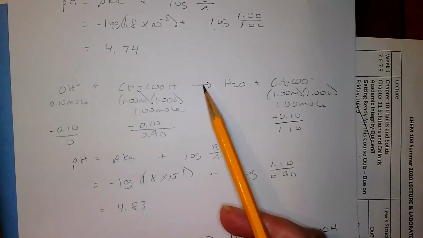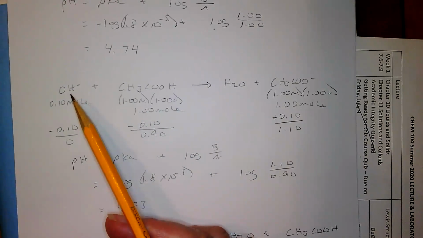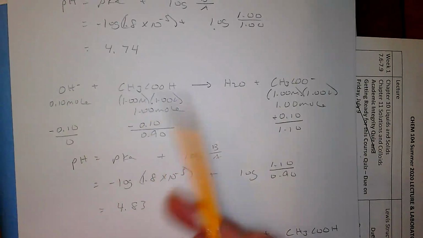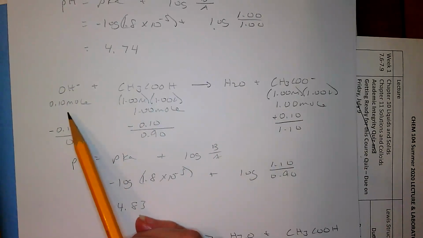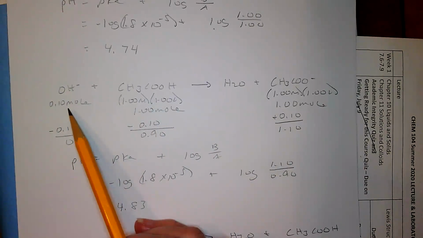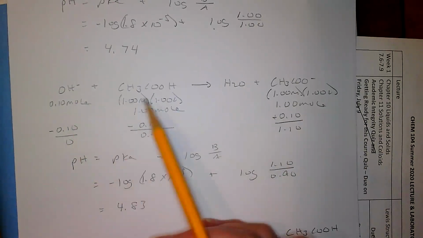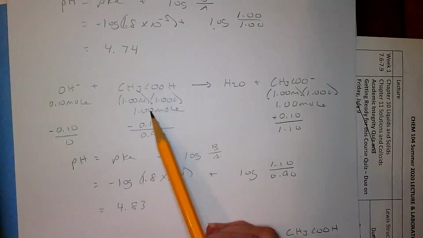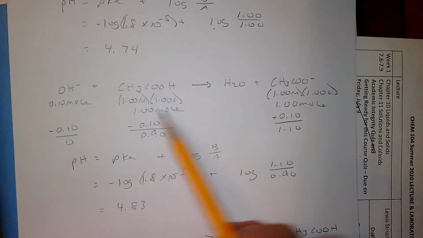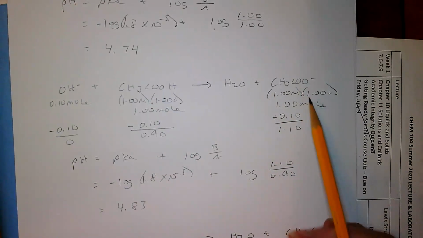So we have the arrow going in one direction, and we have to decide what do we run out of and what do we have in excess? So it tells us we're adding 0.10 moles of hydroxide. It gave us the molarity and the volume for the acetic acid, so we can find out the moles of the acetic acid. And it gives us the molarity and the volume of the acetate.